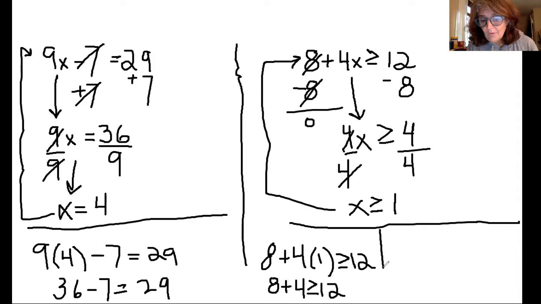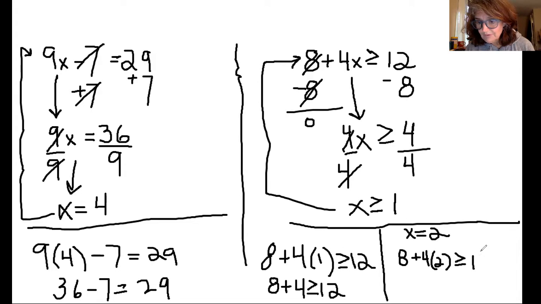But now I'm going to see if this greater than sign holds true. X has to be equal to 1 or greater than 1. So let's try x equals 2 and see if that works. And if that works, then we're right, okay? If x equals 2, then our equation will be 8 plus 4x, and x is now 2, is going to be greater than or equal to 12.